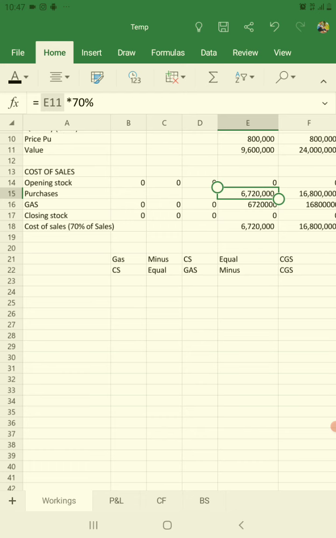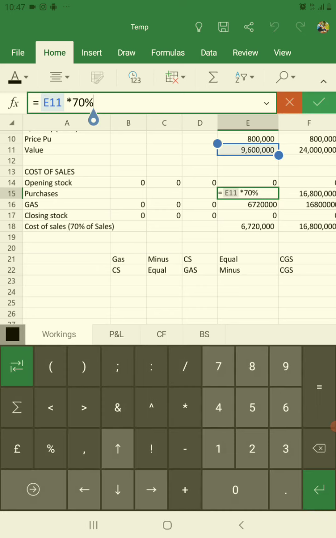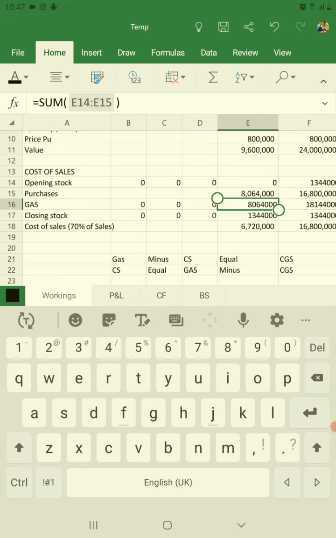So in the purchases here, I change the formula. Instead of putting only 70%, I click on the formula and then I multiply by 1.2. That is to mark it up by 20%, okay? So I click enter. You can see now my closing stock has been reflected immediately.